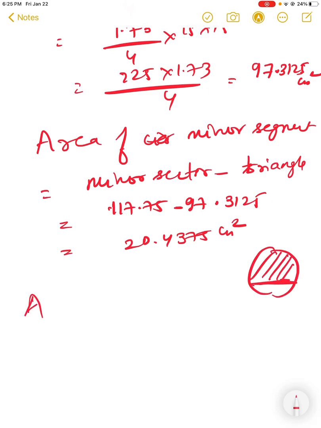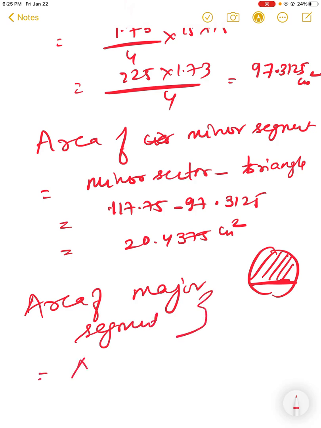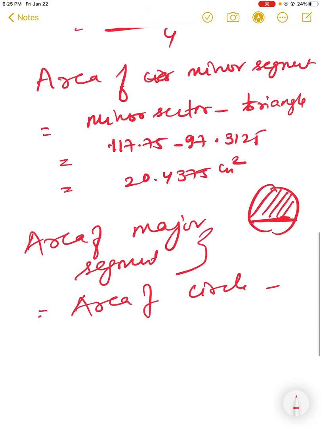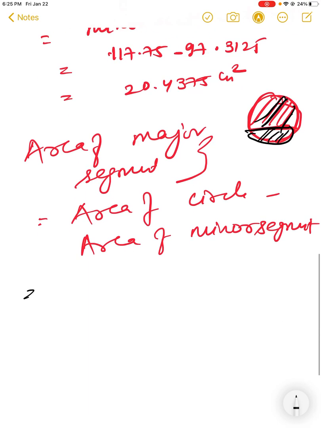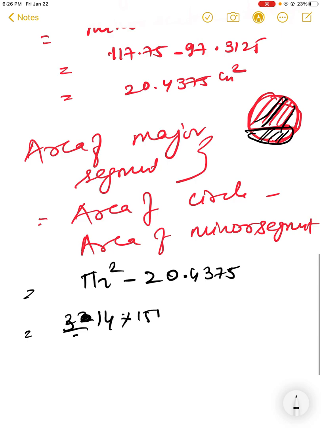Now we need the major segment. So area of major segment is equal to area of circle minus area of minor segment. This is the circle. From the circle, if we remove the area of the minor segment, we get the major segment. So area of circle is pi r square minus the minor segment 20.4375. We take pi as 3.14, so 3.14 into 15 into 15 minus 20.4375.